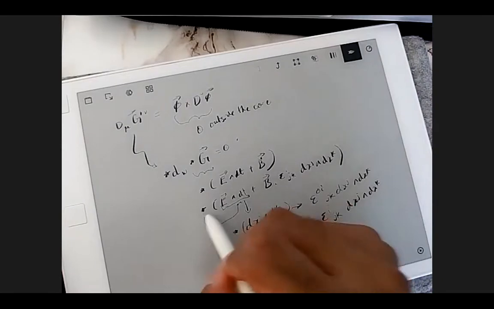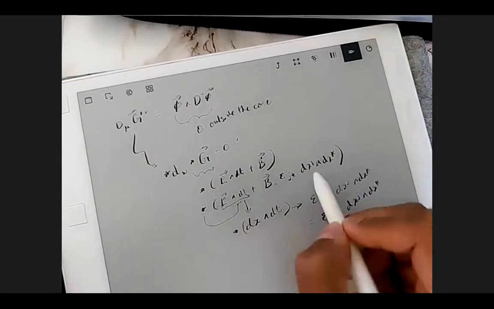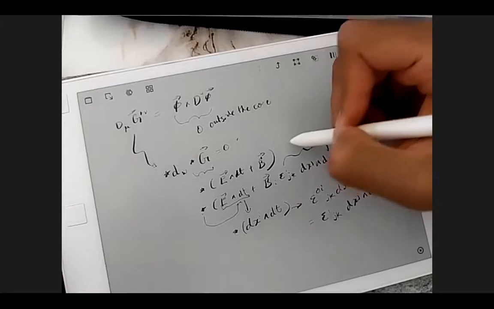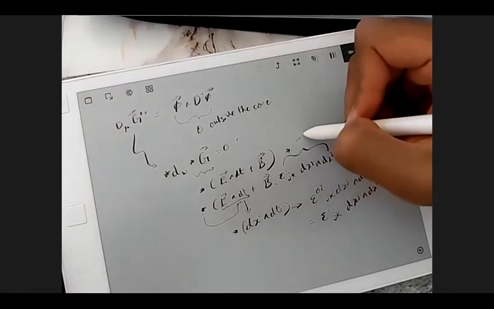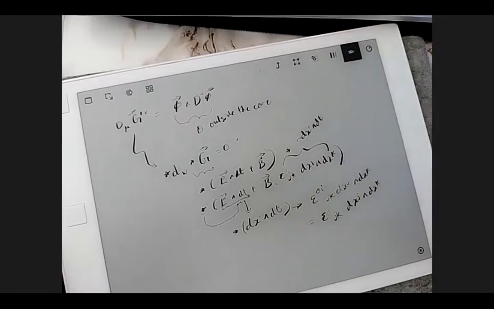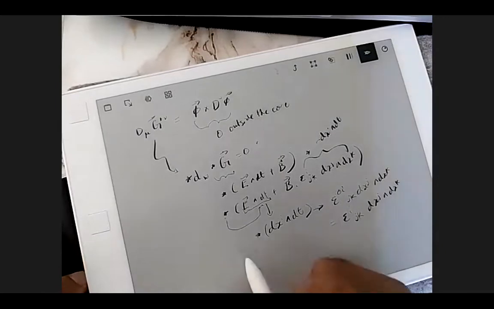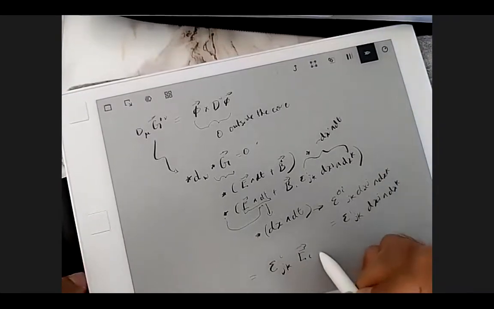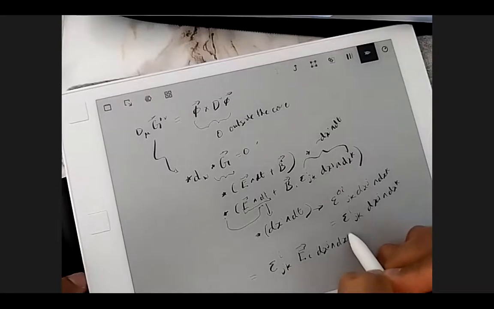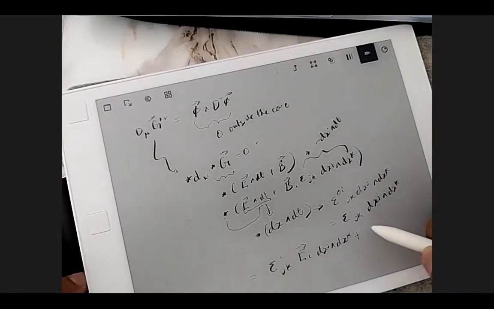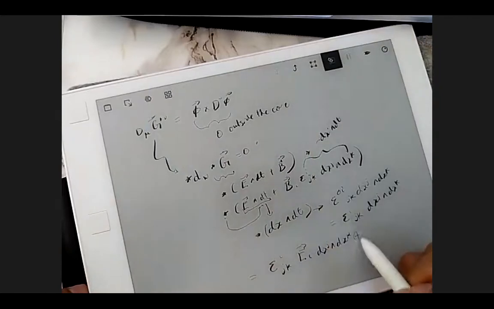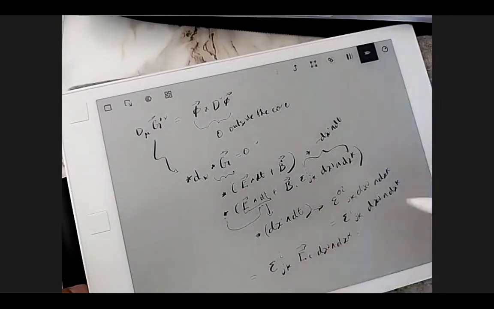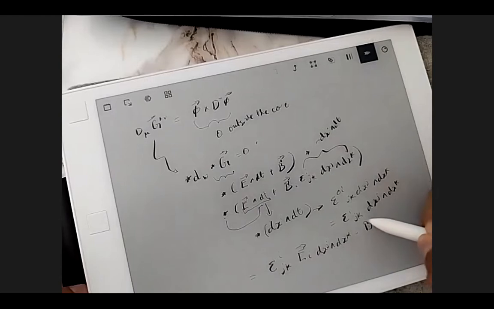And same thing here. So you see, this is all going to be under star. It's going to go to minus dxi wedge dt. So great, we're going to have epsilon ijk Ei dxj wedge dxk, minus, getting that wrong, Bi.